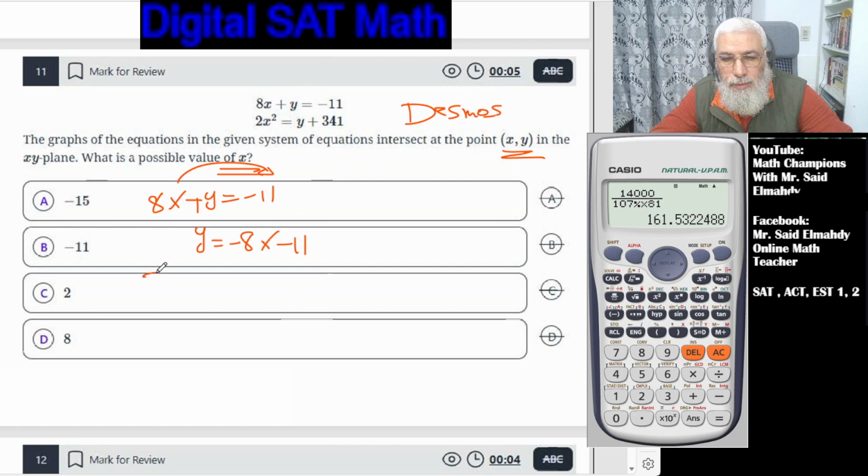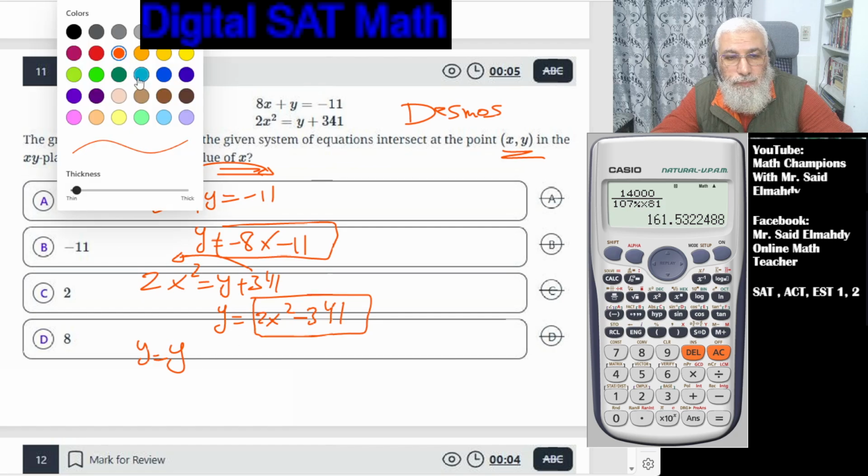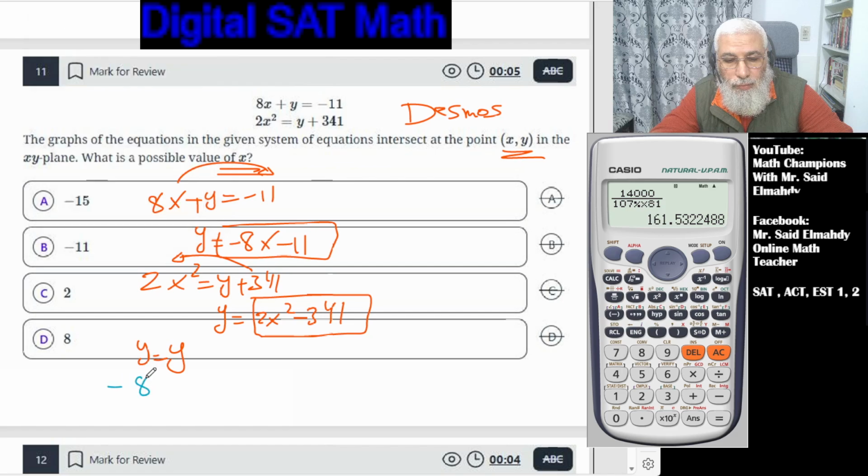In the second equation, 2x squared equals y plus 341, so y is equal to 2x squared minus 341. So this equation is equal to this equation: negative 8x minus 11 equals 2x squared minus 341.